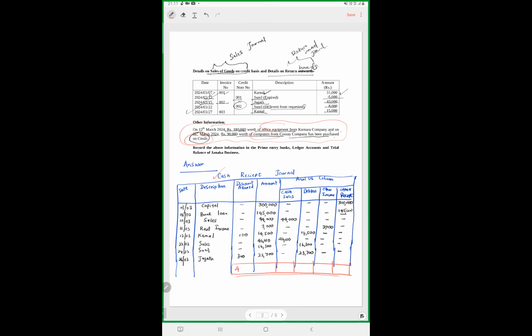Discount we have received 400. So here you can get the total amount.